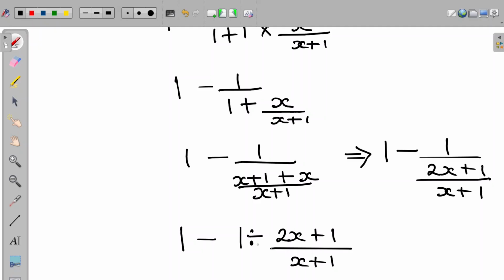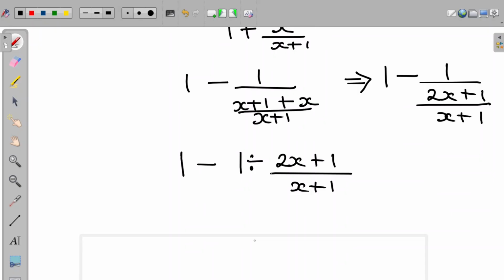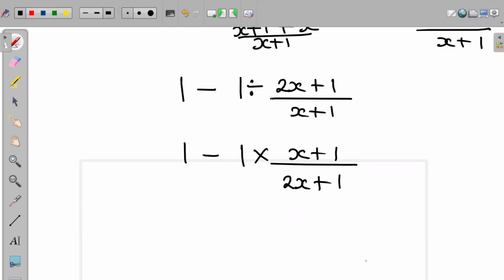At this point also, we apply the multiplicative inverse. So if we do that, the expression becomes 1 minus 1 times x plus 1 divided by 2x plus 1. So at this point, the expression will reduce to 1 minus x plus 1 divided by 2x plus 1.